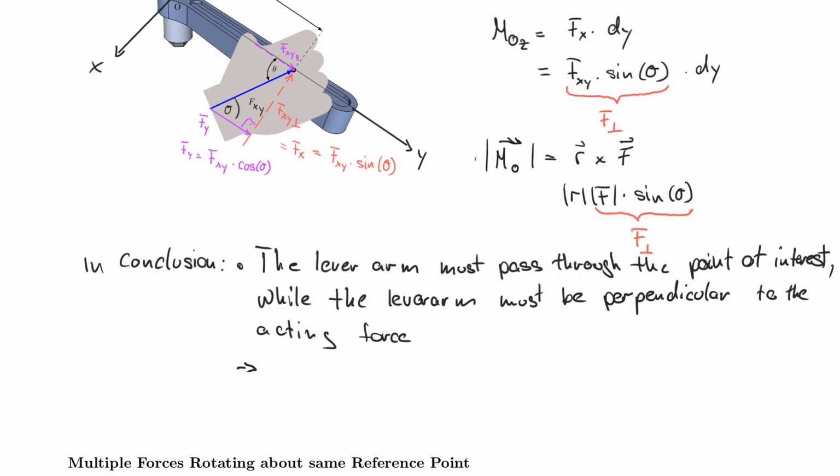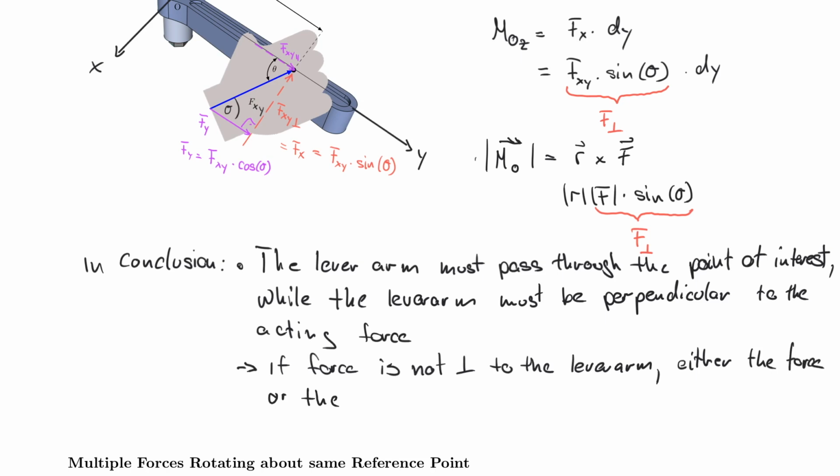So in conclusion, or as a result of that, if the force is not perpendicular to the lever arm, either the force or the lever arm must be converted into the parallel and perpendicular component.